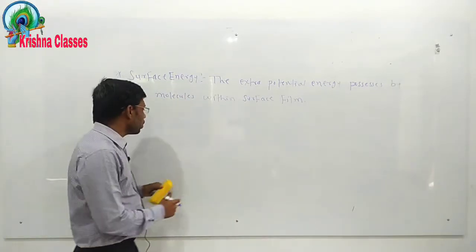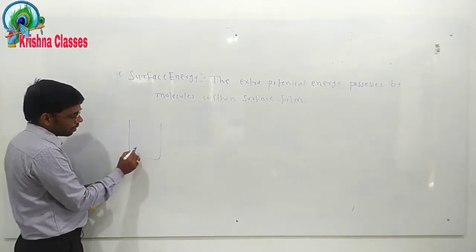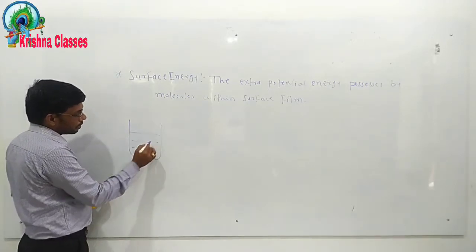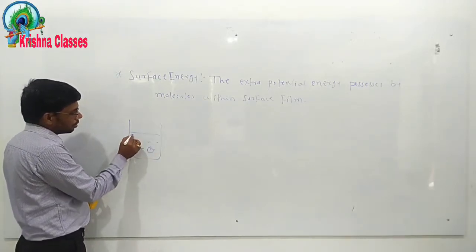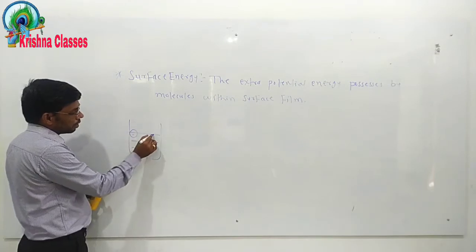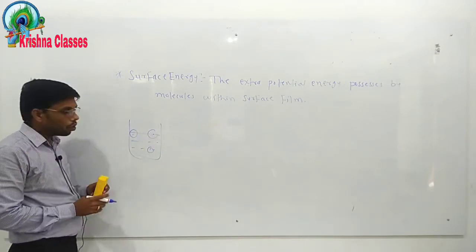As we considered three molecules A, B and C: A is completely inside the liquid, B is just below the free surface of the liquid, and C is on the surface of the liquid.